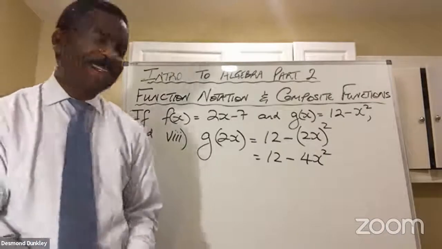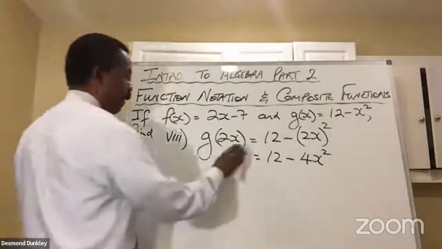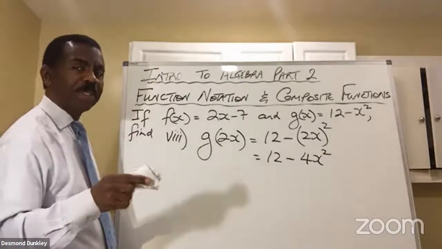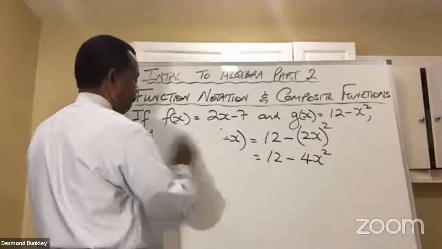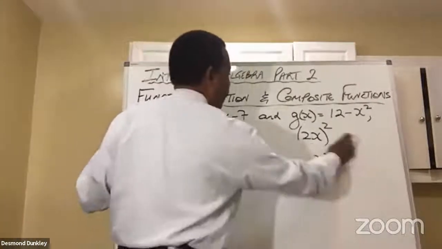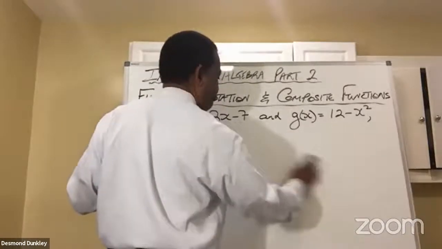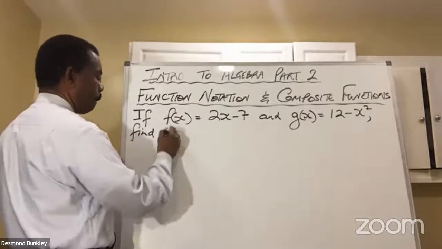How cool is that? Now, here we go now to the composite. Watch this. We're going to do the composite with something that's abstract, not with numbers, but with letters. So number 9.